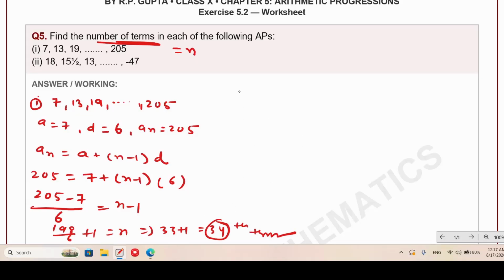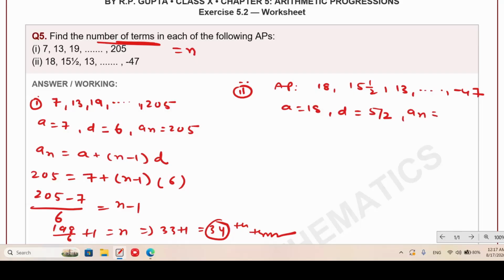Okay, question number 2, let's do this one also. The AP is 18, 15 and a half, 13, and so on, up to negative 47. So A is 18, D is 15 and a half minus 18, which is negative 2 and a half, which is 5 by 2, and an is equal to negative 47.